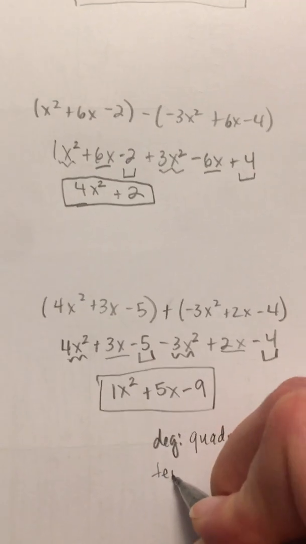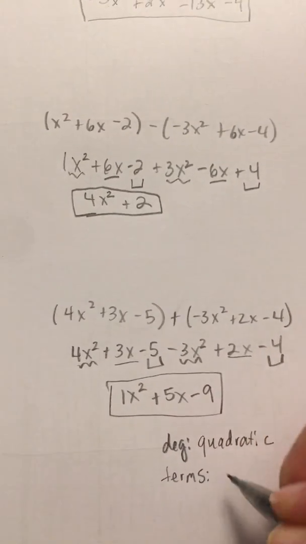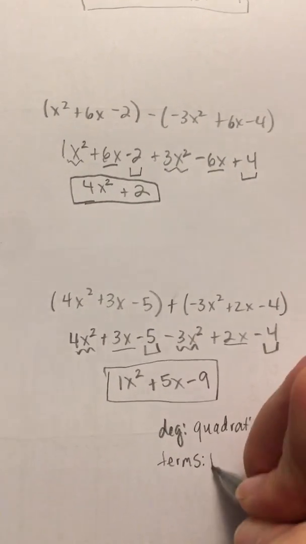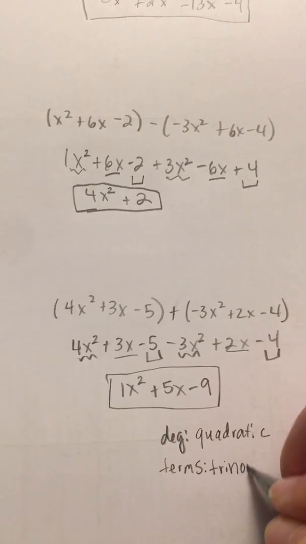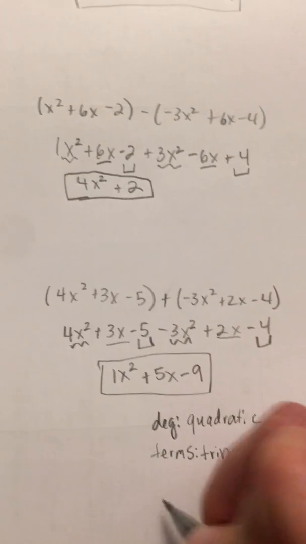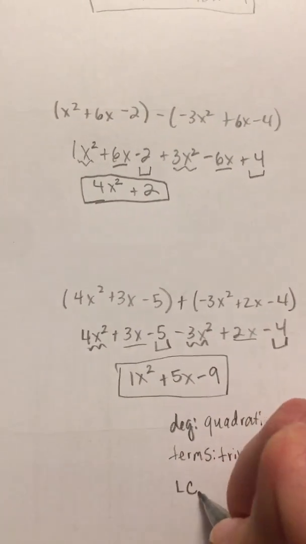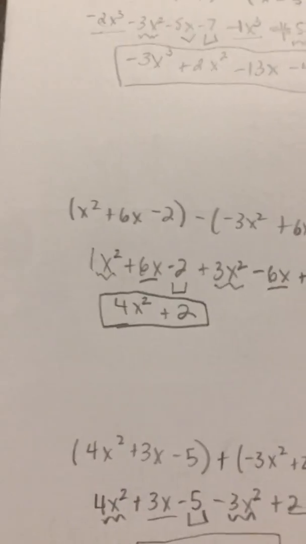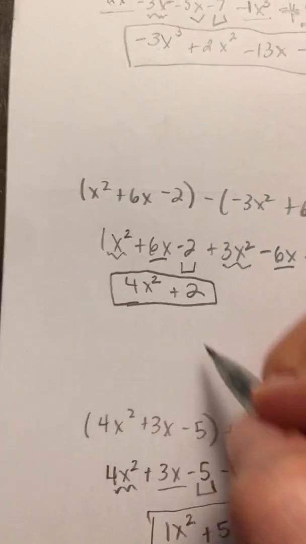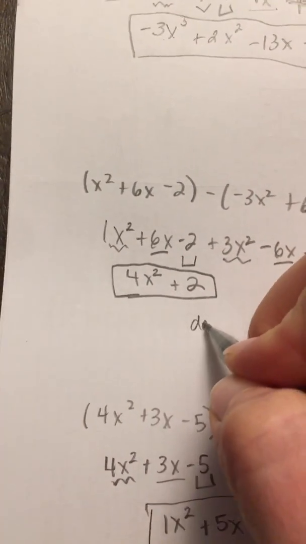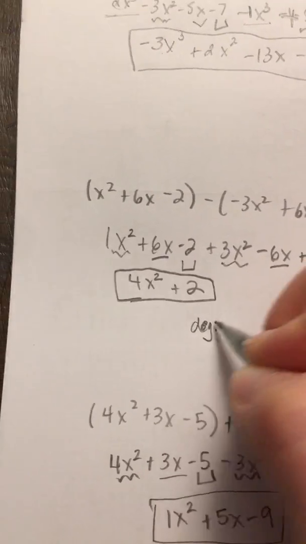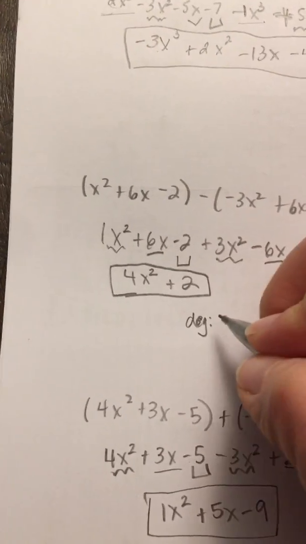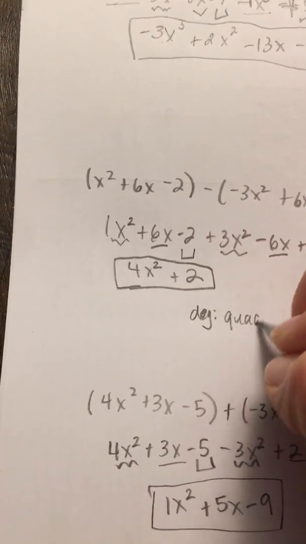So terms, we say 3, we have to look at the vocabulary word, and the vocabulary word says trinomial. Leading coefficient, all of these are in standard form, so the first number I see is a 1. And I can go back and do that with all of these. Biggest exponent, 2, that tells us the degree. 2, the word for that is quadratic.